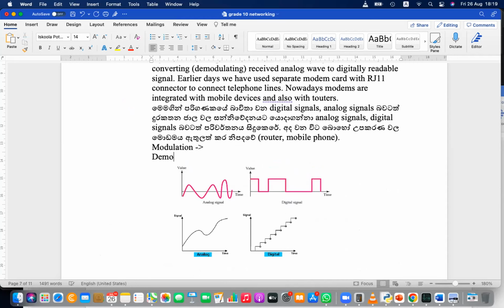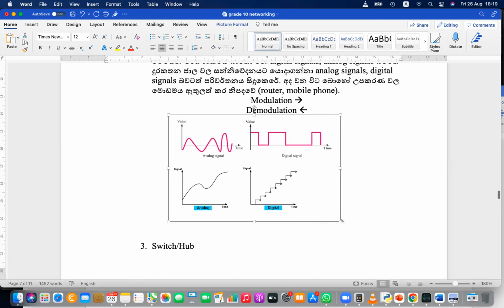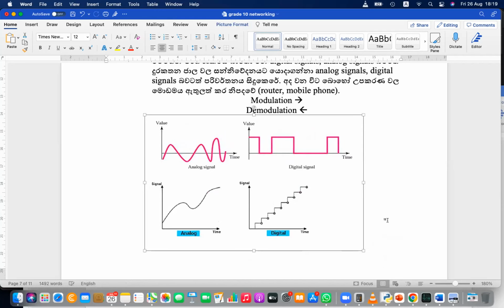Demodulation happens the other way. It's important. Okay, what is the difference between router and switch?